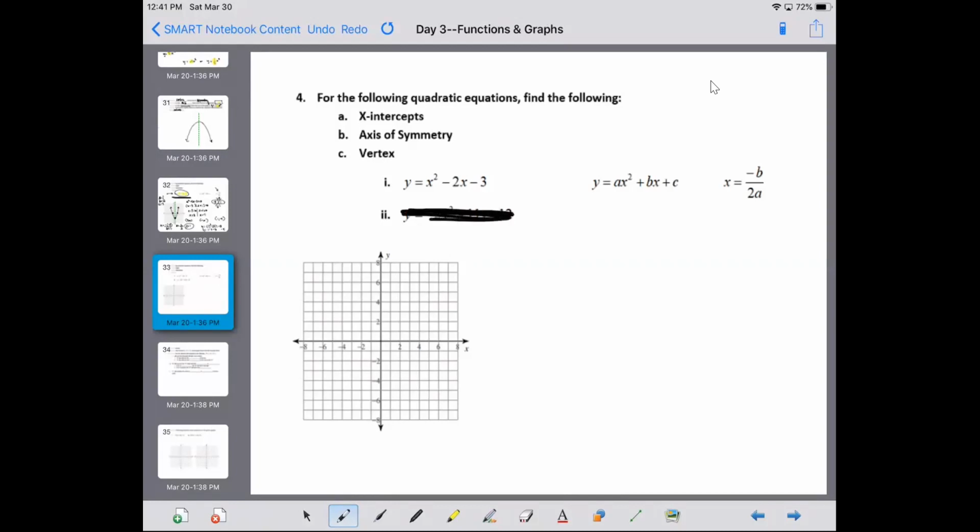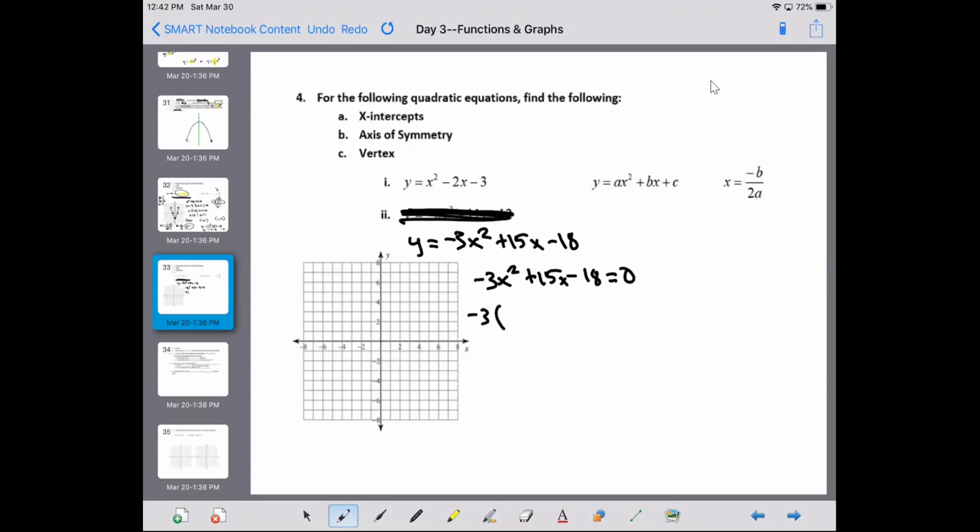Let's look at y equals negative 3x squared plus 15x minus 18. So what I want to do here is factor it. So this is negative 3x squared plus 15x minus 18 equal to 0. I'm going to factor out a negative 3.